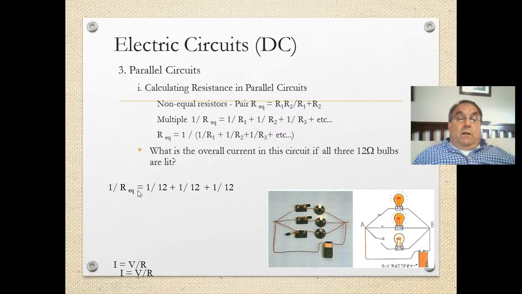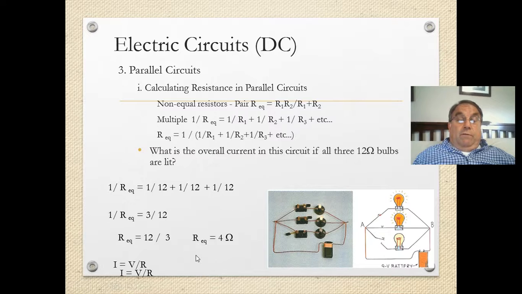So 1 over REQ equals 1 over 12 plus 1 over 12 plus 1 over 12 equals 3 over 12. So then to find REQ, we invert both of them. So REQ equals 12 over 3, which is 4 ohms.